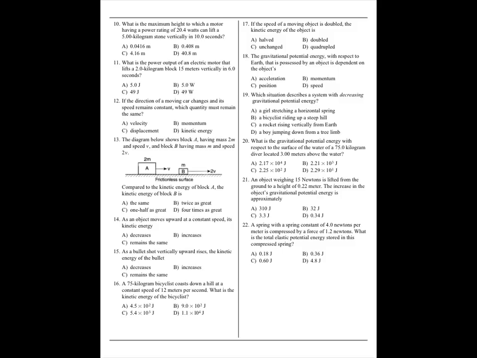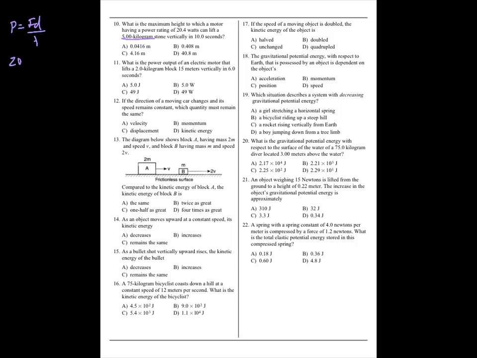Now we move on to number 10. What is the maximum height to which a motor having a power rating of 20.4 watts can lift a 5 kilogram stone vertically in 10 seconds? Alright, again we're using power is equal to Fd over T. Making sure you turn that mass into a force.